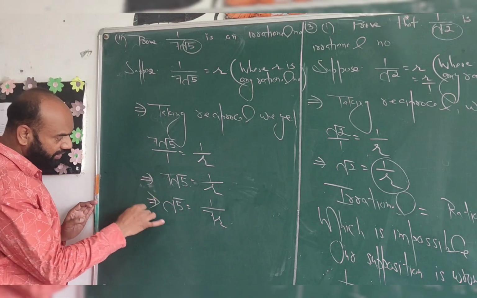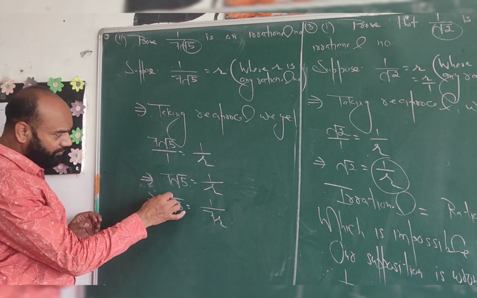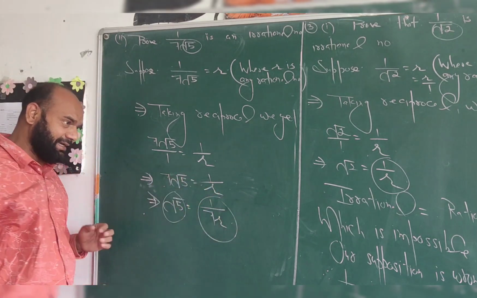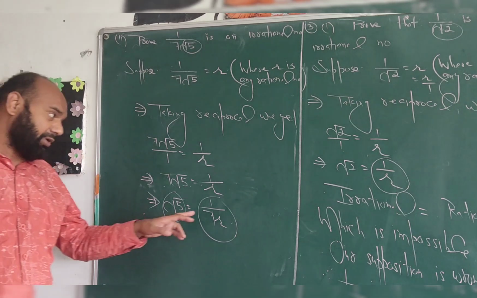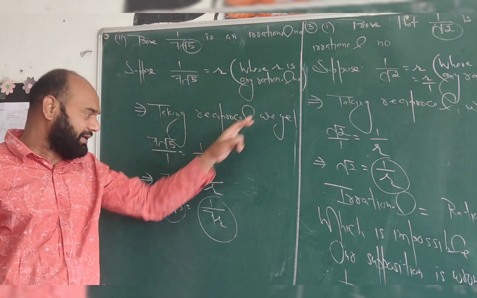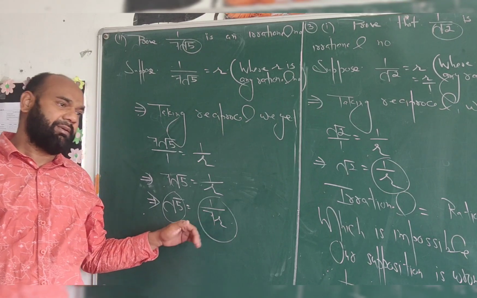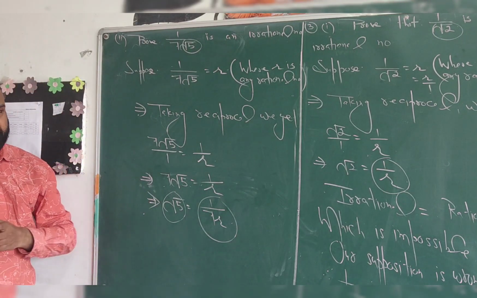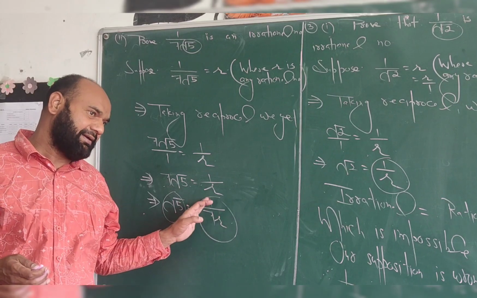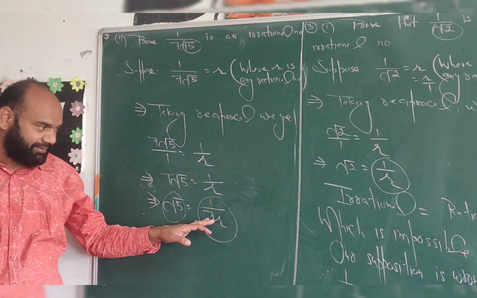And we observe also here root 5 is an irrational number and 1 upon 7r is a rational number, because we assumed here r is a rational number. So 7 into r must be a rational number, because any rational number multiplied by 7 must be a rational number.